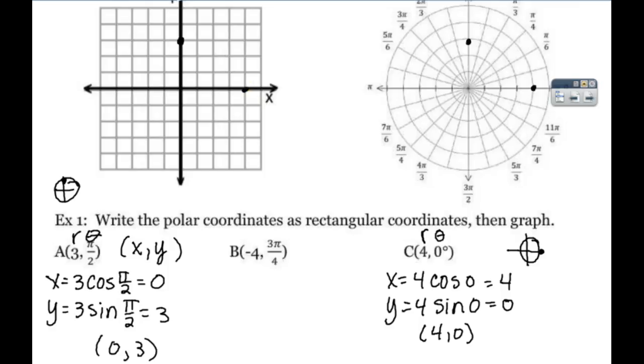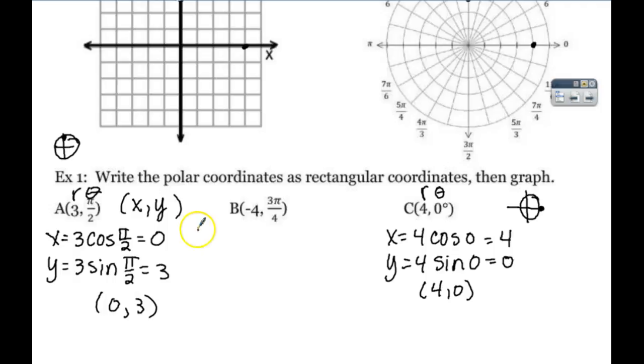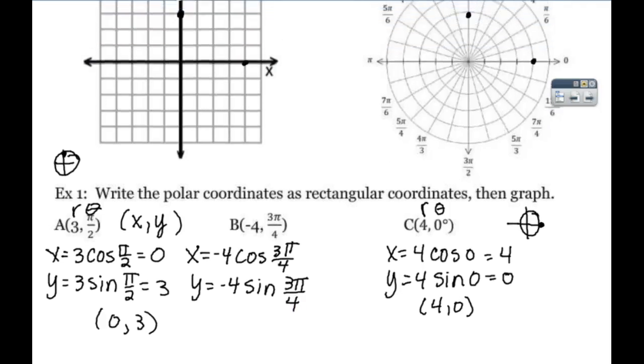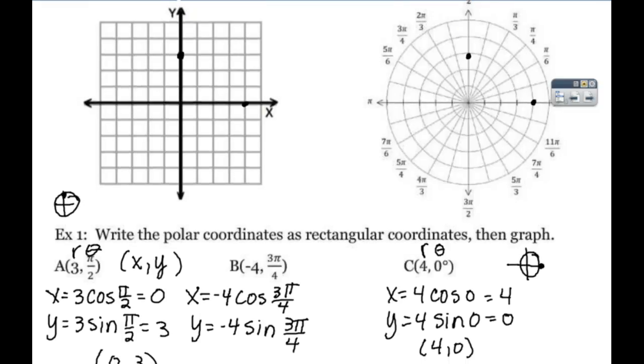All right, so let's do the next one. Same process. So, first of all, let's just look. 3 pi over 4 is here, correct?